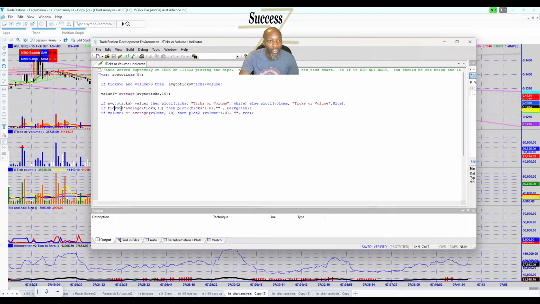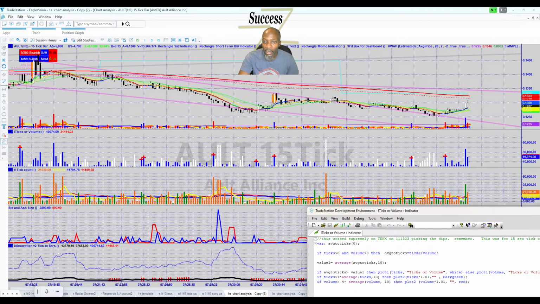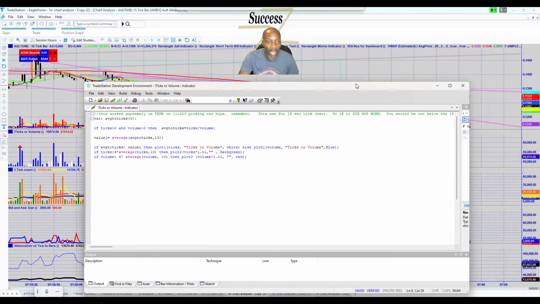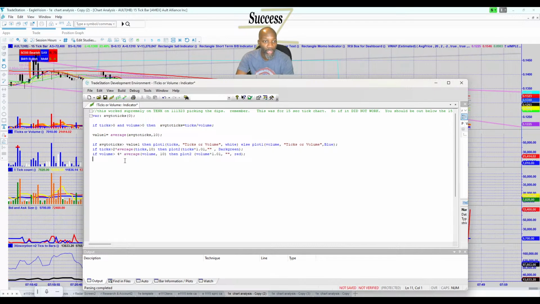If ticks is greater than 4 times the average, then the cross shows. But you saw that it was just a little over 50,000. So 50,000 from the average of 20,000, and that's not the 6-period moving average, I did it over the 10-period moving average. At any rate, to get 50,000 from 20,000, we'll just say if it's greater than 2 times, so 200%.